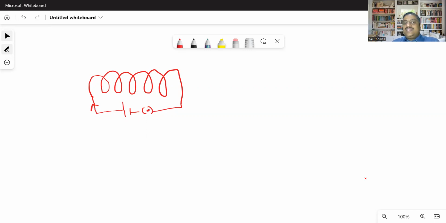So there is an induced EMF developed in the coil when current through the coil changes. When current through the coil increases, induced EMF developed across the coil tries to decrease the current. Similarly, when the current through the circuit decreases, induced EMF developed in the coil tries to increase the current.